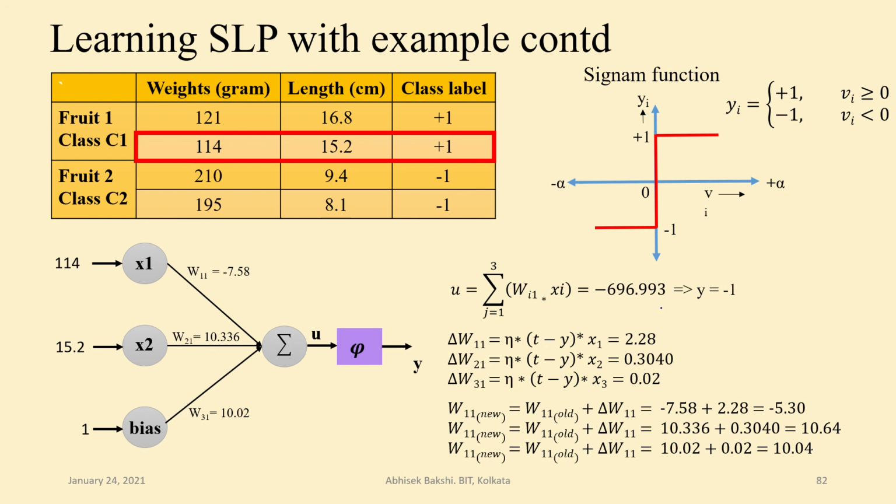In this trivial example, we have got y as -1 again, while the class is +1. So again we have some error, and depending on that new values of w11, w21 and w31 will be calculated. By the way, I made a mistake here, it should be w21.